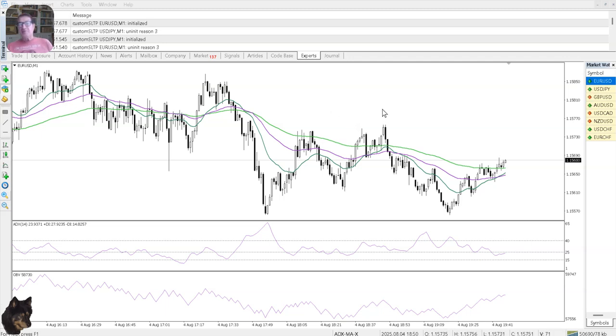Okay, the premise of this strategy is that we check our on balance volume for either buying pressure or selling pressure. Then we check the strength of our trend, and also whether it's a downtrend or an uptrend.